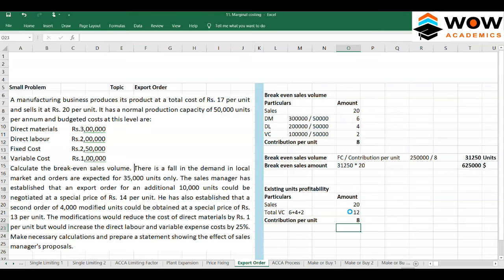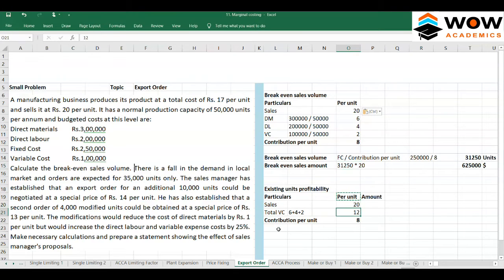Okay, so this is the contribution per unit, in terms of amount. This number is per unit, this is also per unit.